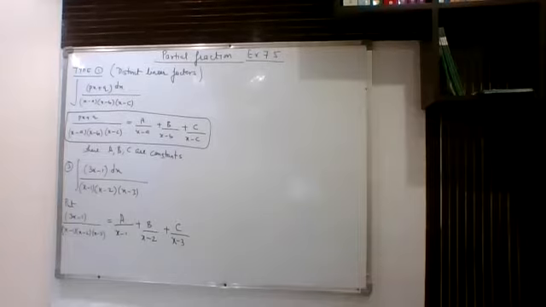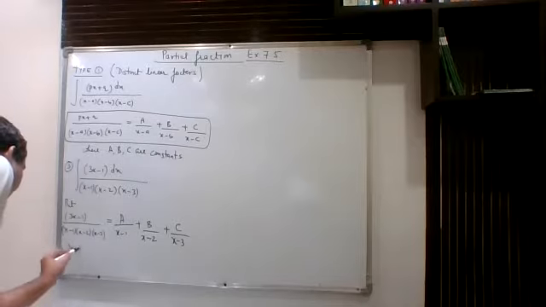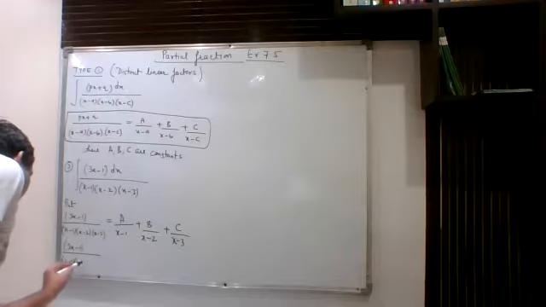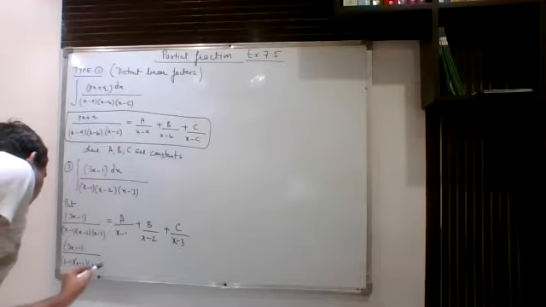Now after this, you will take LCM. So when you take LCM, you will get (3x minus 1) divided by (x minus 1)(x minus 2)(x minus 3) on this side.